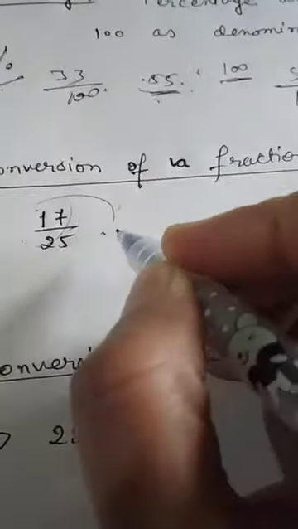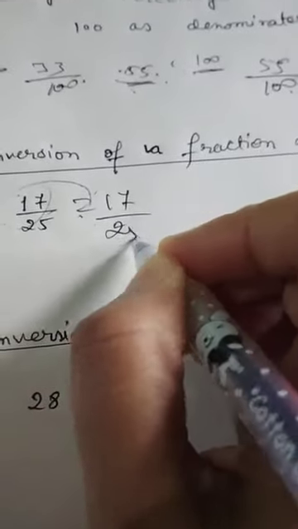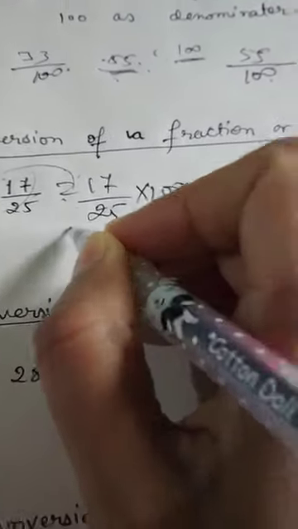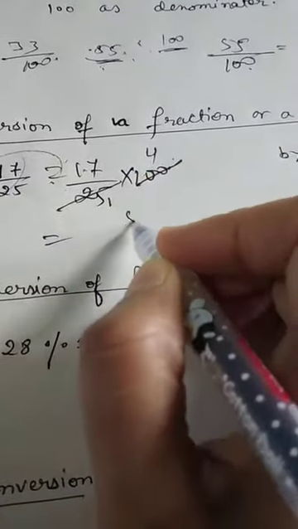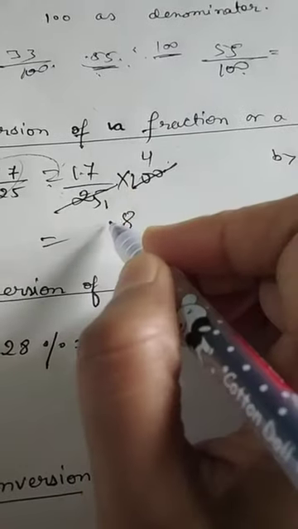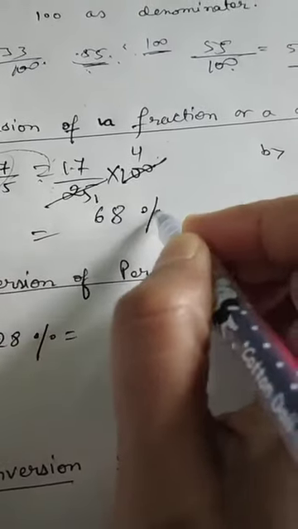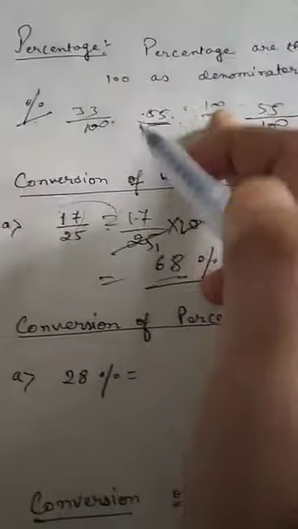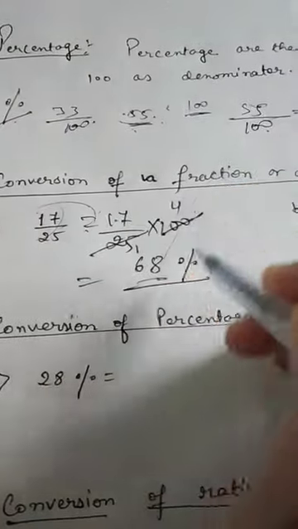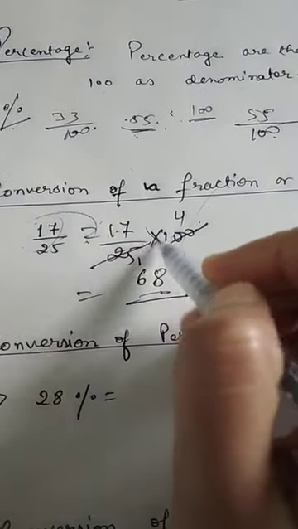So 17 by 25 multiply by 100. So 25 1 ja 25, 25 4 ja 100. So you can multiply 7 4 ja 28, 4 1 ja 4 plus 2, 68%. Okay. So how we have converted this fractional number into percentage? Understood? We have just simply multiplied by 100.